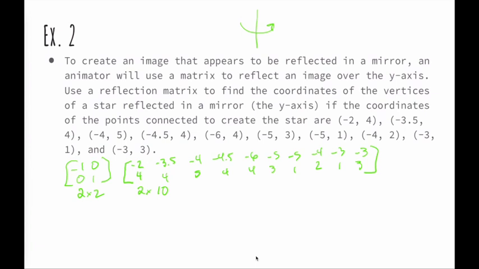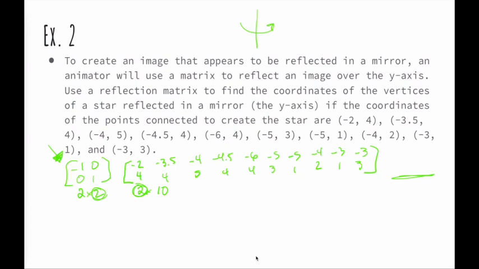Remember that the columns of the first one and the rows of the second one have to be the same. If we put the reflection matrix down here, then we'd have 2 by 10 times 2 by 2, and that wouldn't work. So the reflection matrix has to go in front because matrix multiplication is not commutative. So we put this one here.